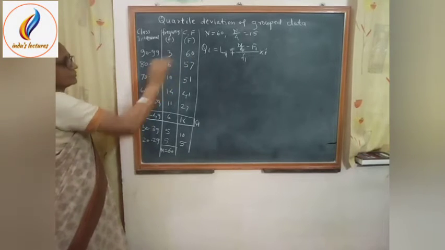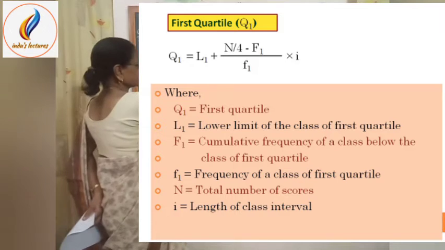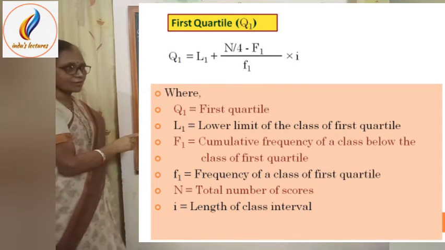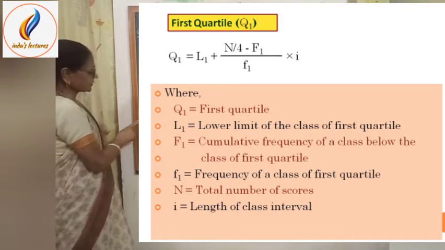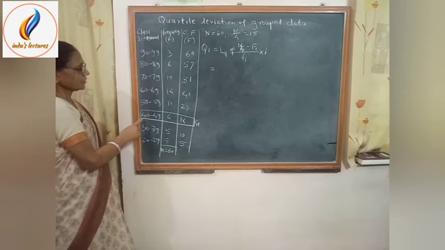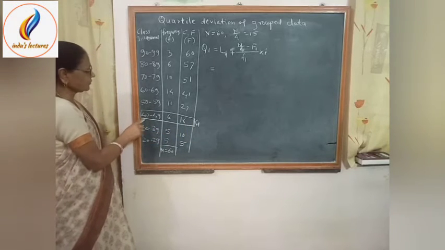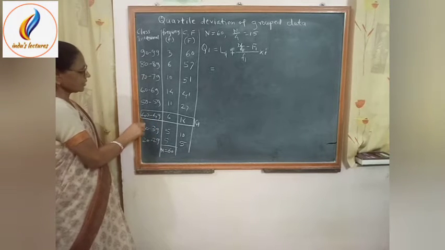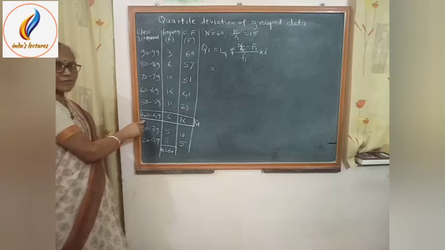Now we will consider the notations. L1 is the lower limit of Q1 class interval. Q1 has class interval 40 to 49. So its lower limit is 39.5.